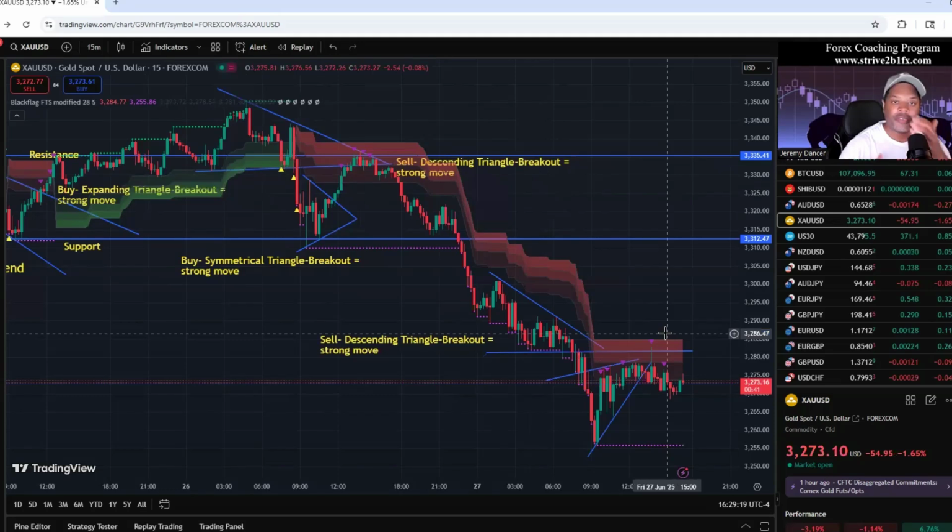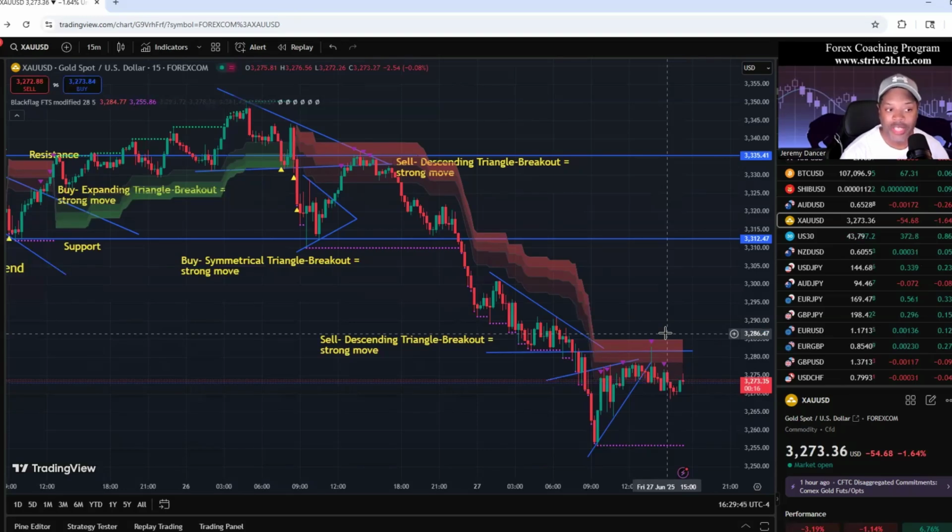So for those of you who like to trade off of support and resistance, if you're trying to understand, will my resistance be broken this time? Will my support zone be broken this time? Well, the odds are if it's a triangle pattern, no, it's not going to be broken. But if it's a wedge pattern, the odds are it will be broken.